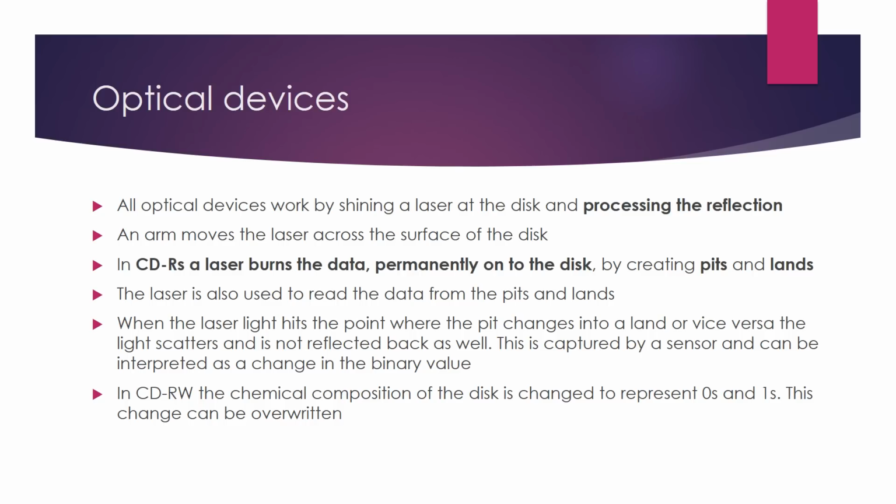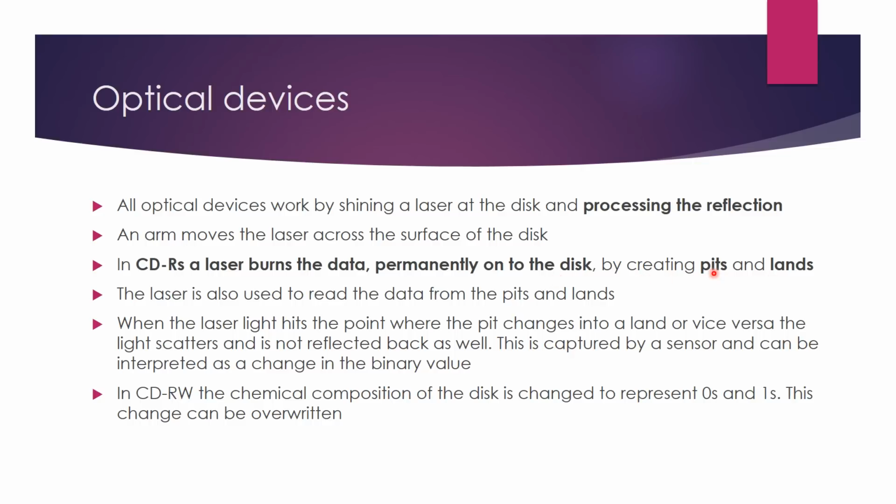Optical devices. Optical devices work by shining a laser at the disk and processing the reflection. An arm moves the laser across the surface of the disk. In CDRs, the laser burns the data permanently to the disk by creating pits and lands.